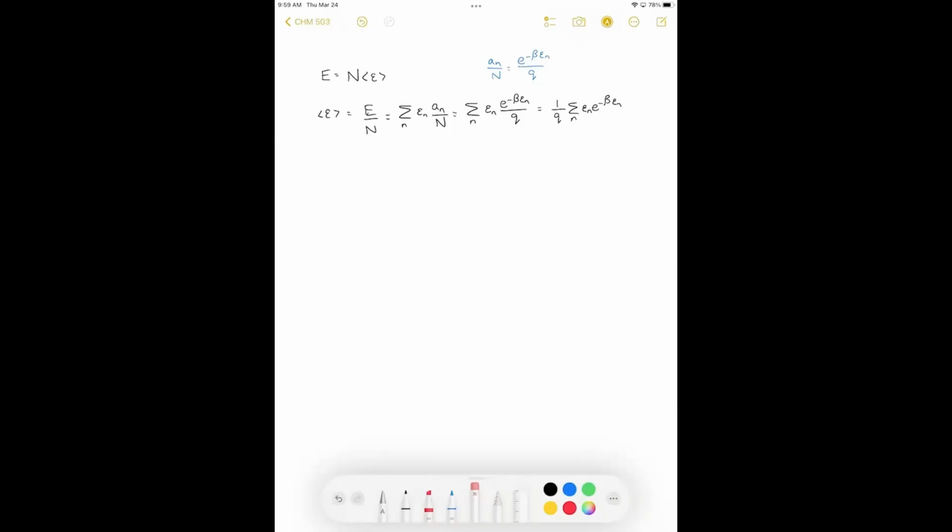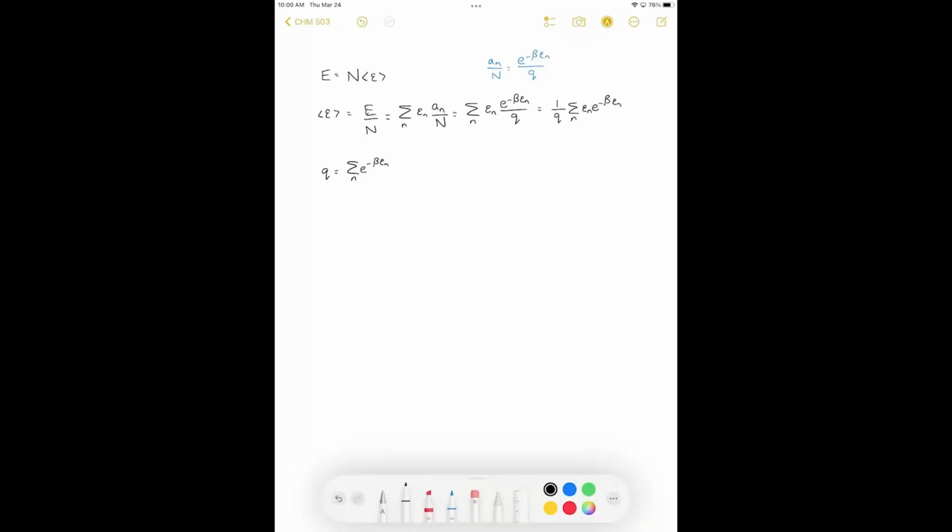We can rewrite this in a more compact form by noting that the term in the sums looks quite a lot like the partition function itself. So recall that our partition function Q is equal to the sum over all of the n of e to the minus beta epsilon n. And what we have over here in our sum is e to the minus beta epsilon n, but that's multiplied by epsilon n.